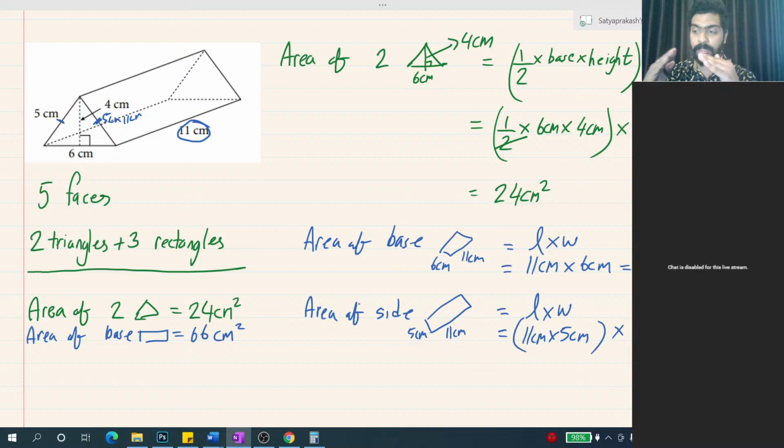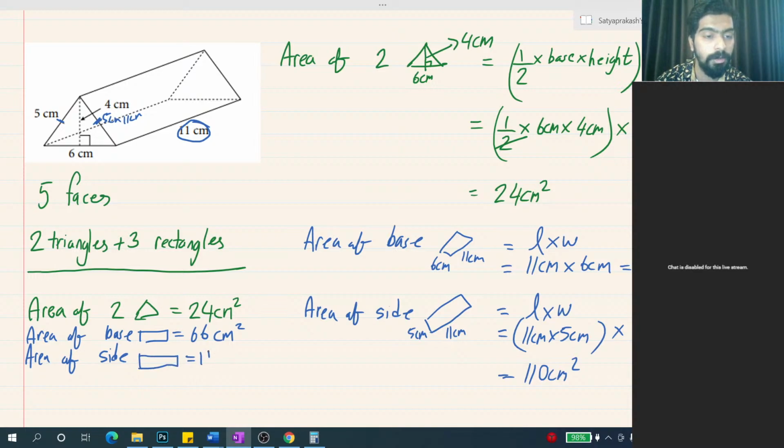So the area of the side rectangles is equal to 110 centimeter square, because 55 times 2 is 110.